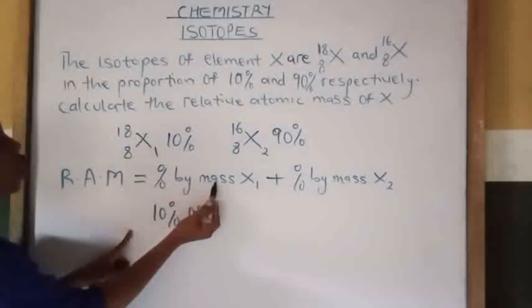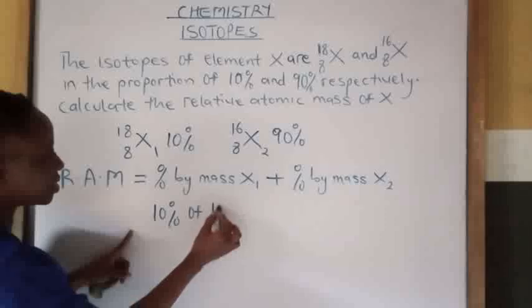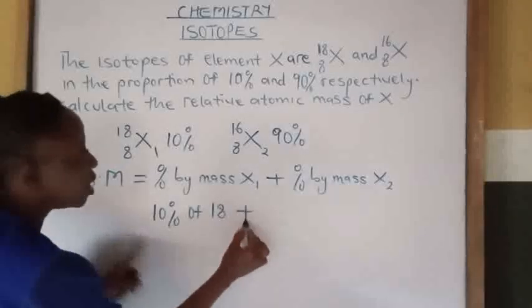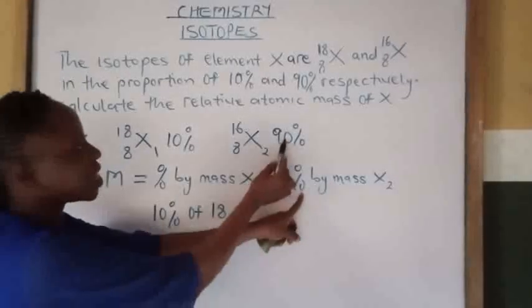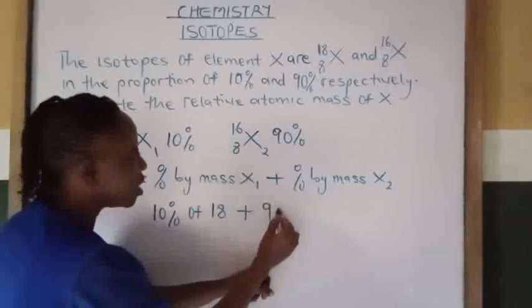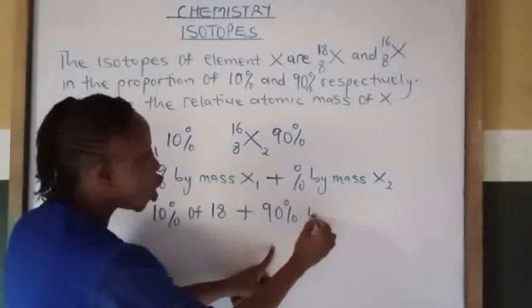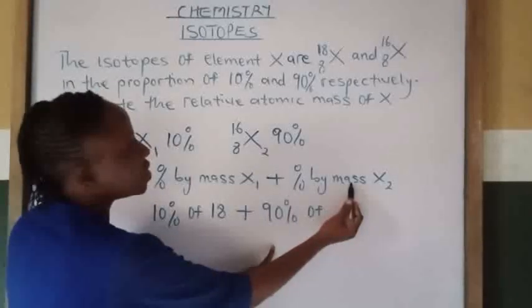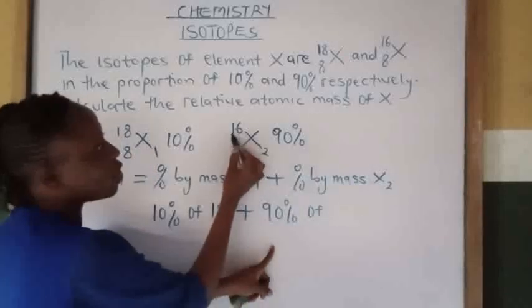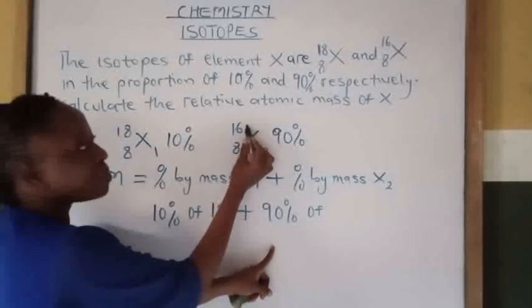So what is the mass of the first element? That is 18, plus the percentage by mass of the second element, that is 90%, and the mass of the second element is 16. Don't forget that the number up is the mass number.